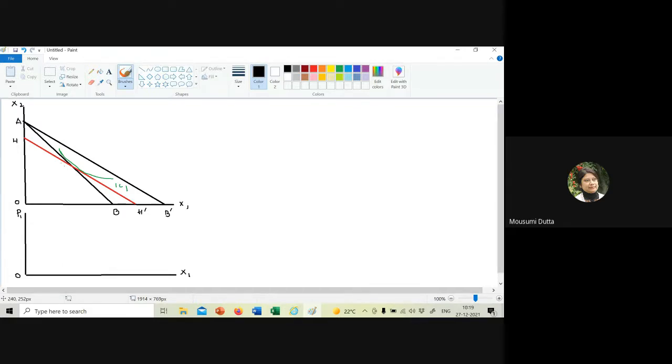Everybody could do it. The Hicks compensated budget line, and actually we are marking P and Q, which will give us the Hicksian substitution effect. Is this part complete for all? Yes or no? Yes, ma'am. Because if I draw too much, you will not be able to understand the nitty-gritties of the thing.